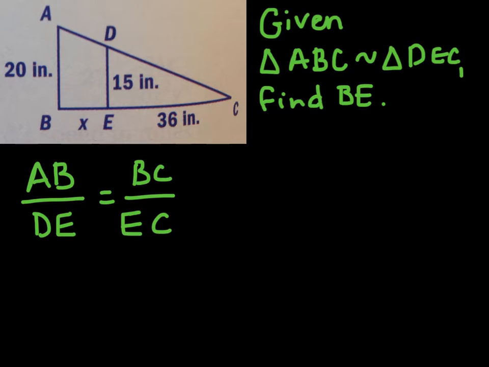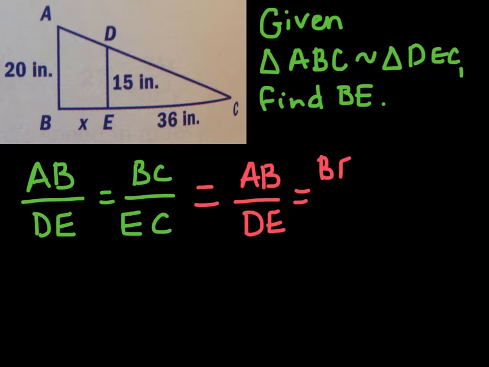Okay. Now let's substitute in what we know. We know that BC is equal to BE plus EC. So let's substitute that into our problem. AB over DE is equal to, we're going to substitute in the quantity that we know equals BC, which is BE plus EC, and that goes over EC.